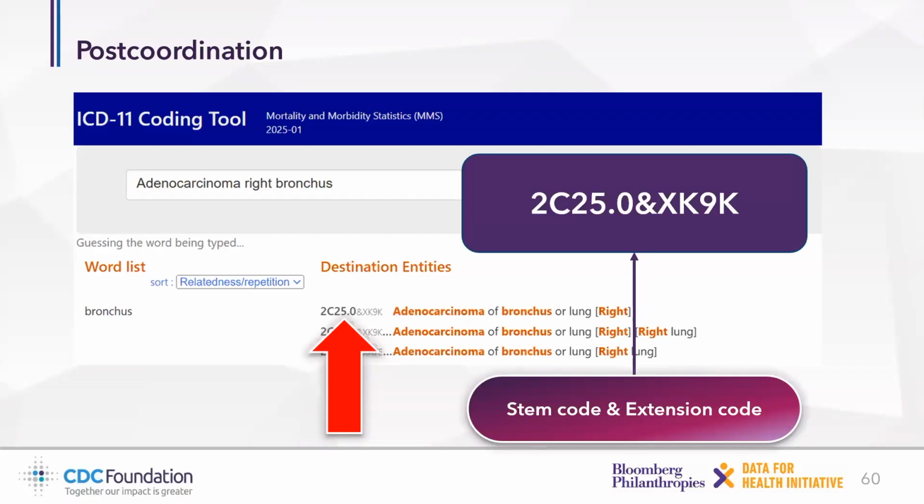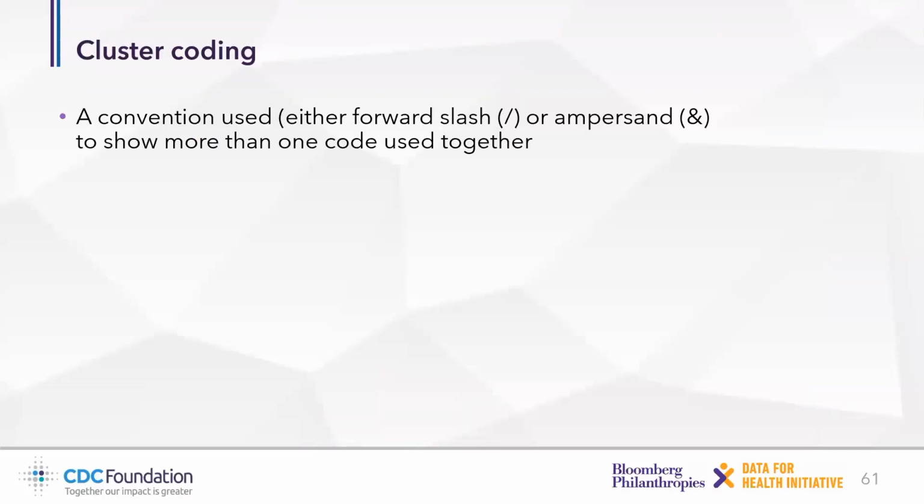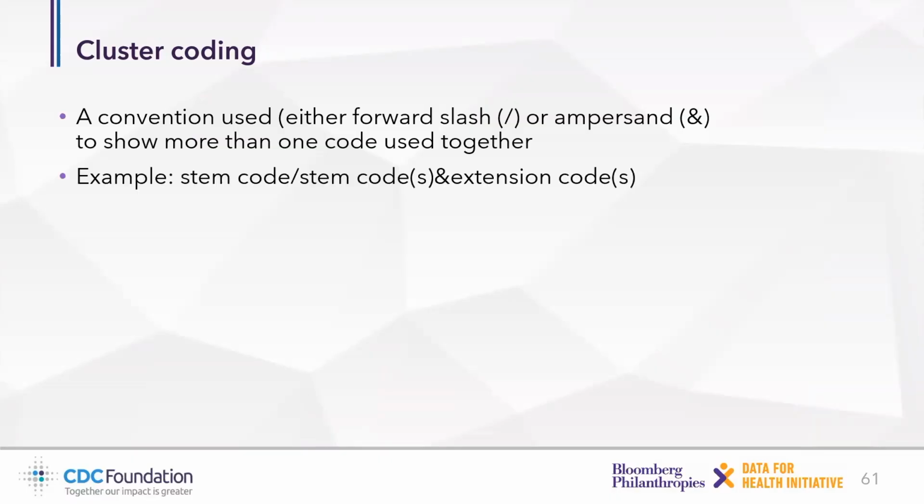However, if you combine a stem code with another stem code, the convention used is a forward slash. A convention used, either forward slash or ampersand, shows more than one code used together.